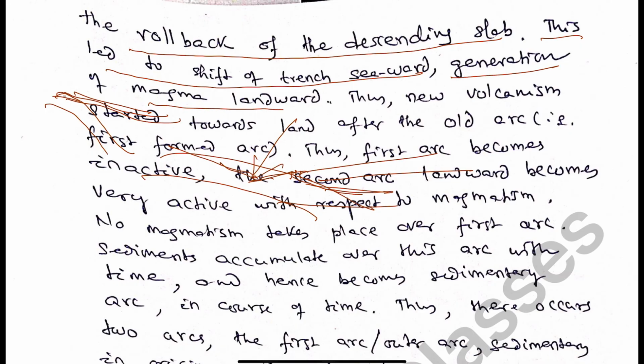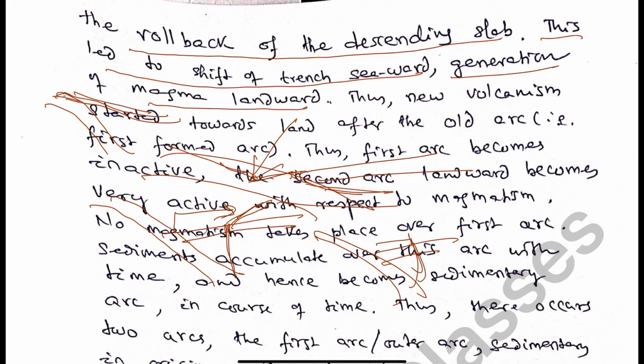Generation of magma landward. As I have discussed earlier, depending upon the angle of subduction, the trench and arc gap is controlled. The steeper the angle, the smaller the distance between the trench and arc.